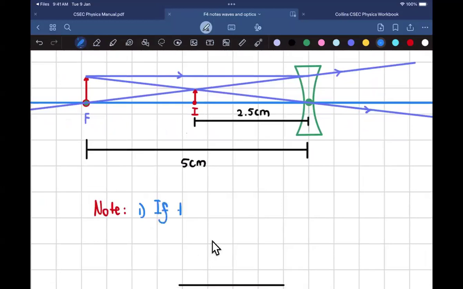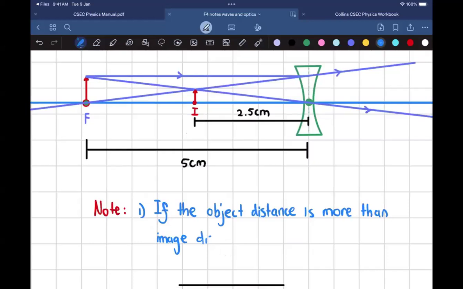If the object distance is more than the image distance, it means that the image.